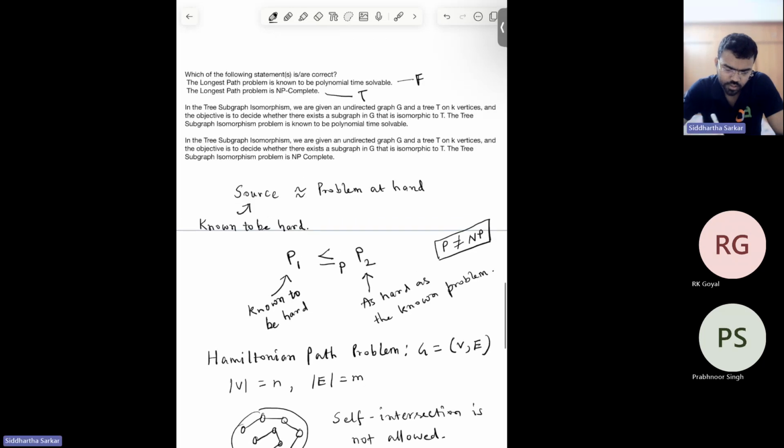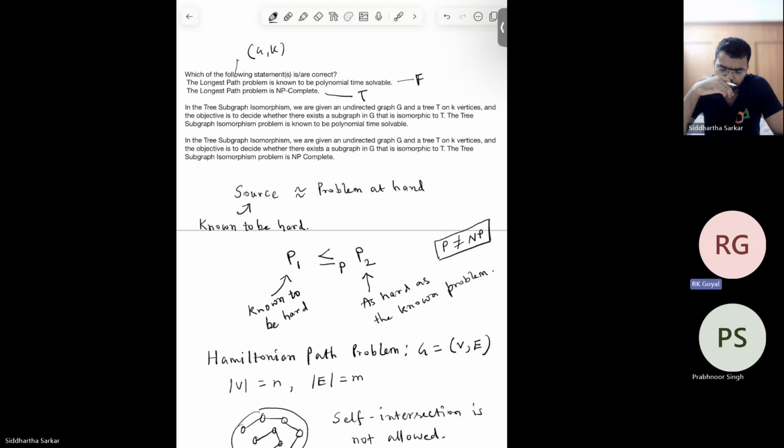So as far as this question is concerned, longest path means that you are given this graph G and K, and does there exist a path of length K? Okay, so then the second is true. The first option is false, and the second one is true. Yes, that is right.